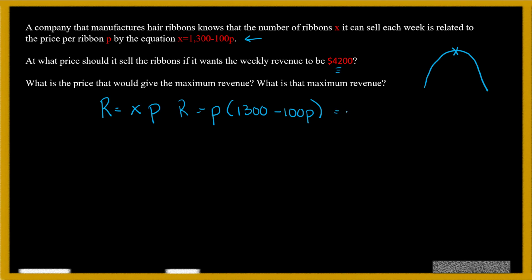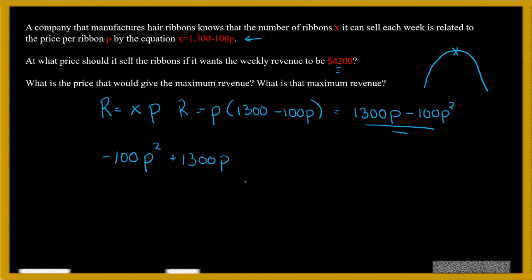If I distribute it through, I'm where I was before, 1300P minus 100P squared. I'm going to rewrite it so it's easier to see the P squared on one side, plus 1300P. You'll notice there's no constant here.